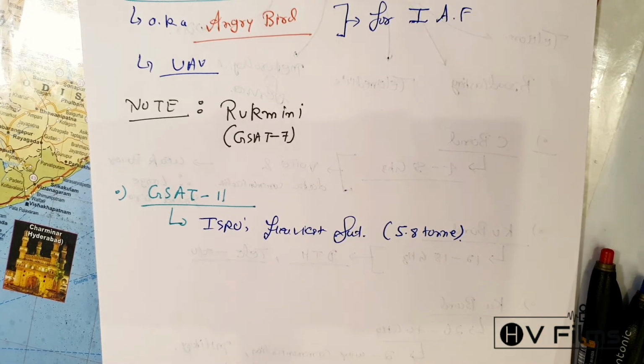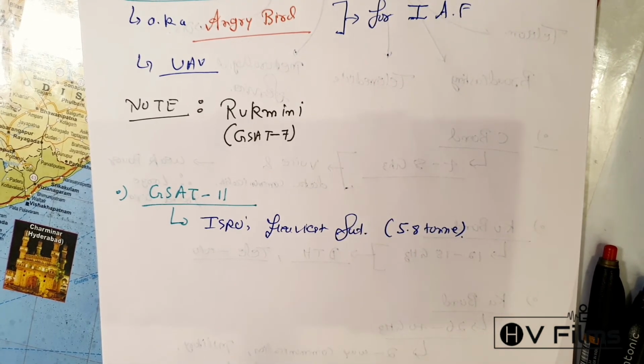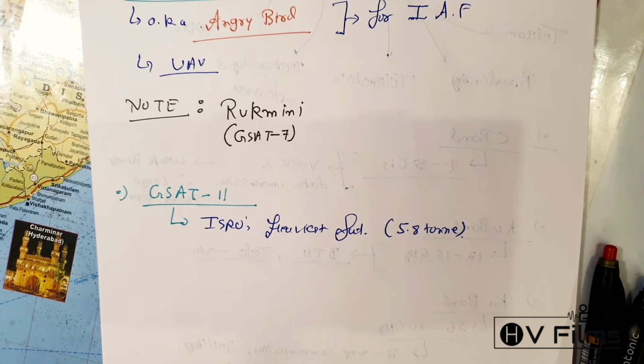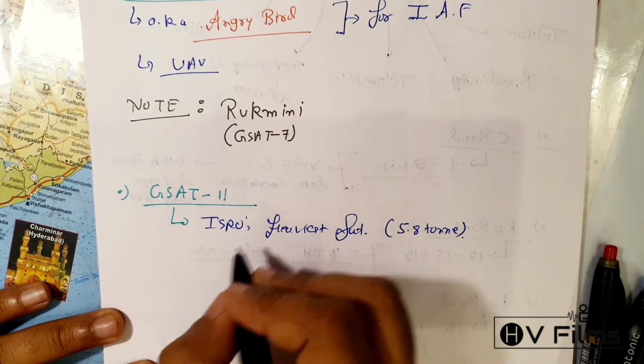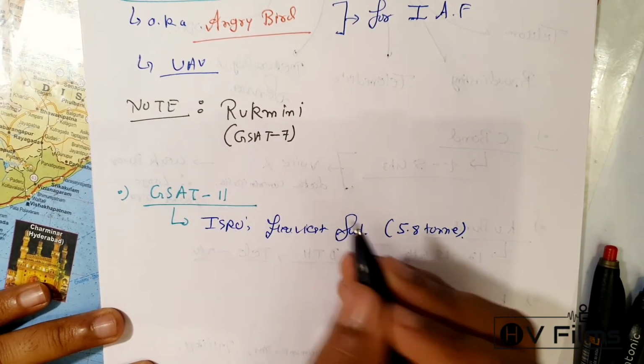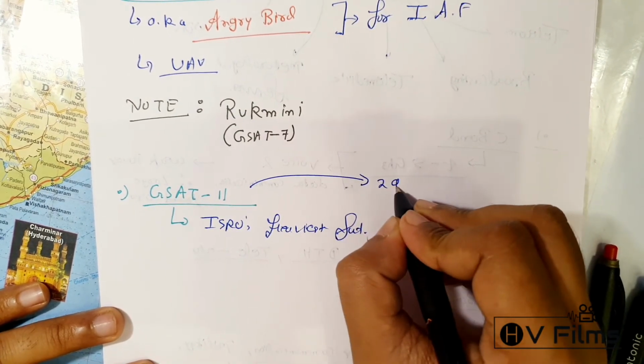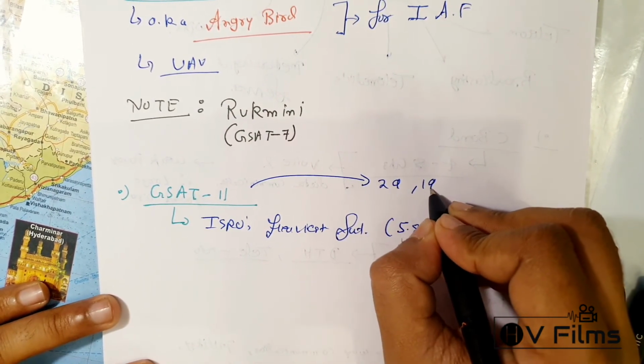And the high throughput communication satellites in India, if you're going to talk about these things, include four main satellites in the GSAT series. GSAT 11 has already been launched, and apart from that, there is GSAT 29, GSAT 19, and GSAT 20.